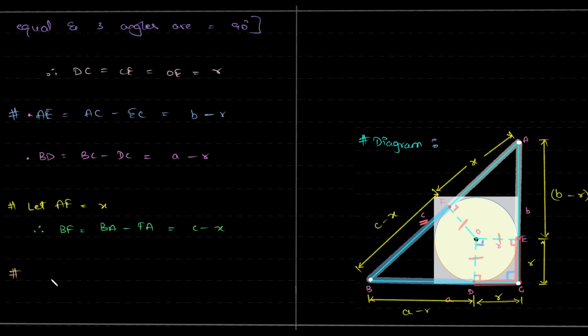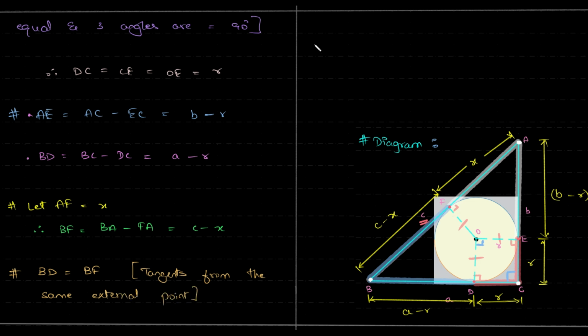And now, with all of this, what can I do? We can get the expression for R. How? Simple. So we know that BD is equal to BF. Why? Tangents from the same external point.